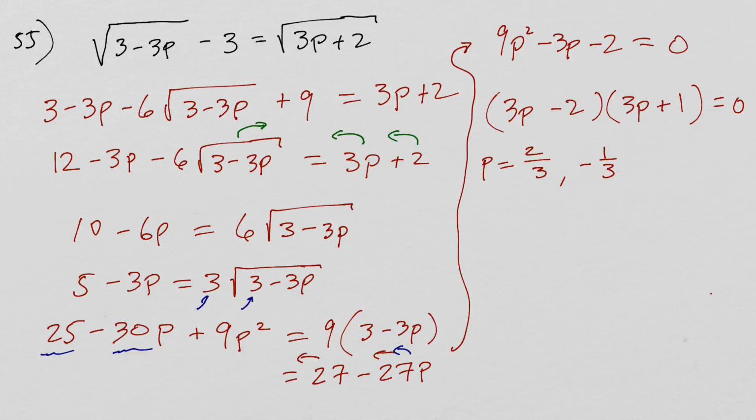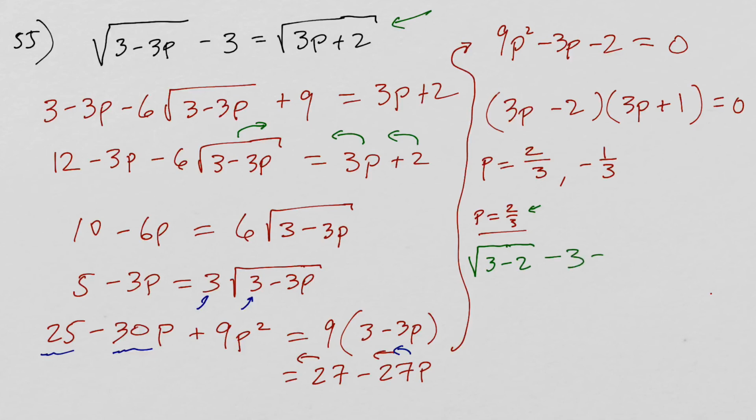All right, now unfortunately I'm not done yet because I have to check. So let's check the 2/3. I'm plugging this into the original now. Okay, so I have the square root of 3 minus 3p. Well, 3 times this is 2 because the 3's cancel.